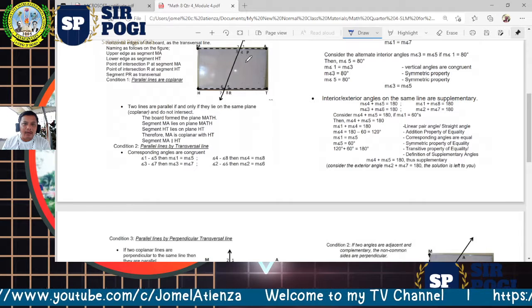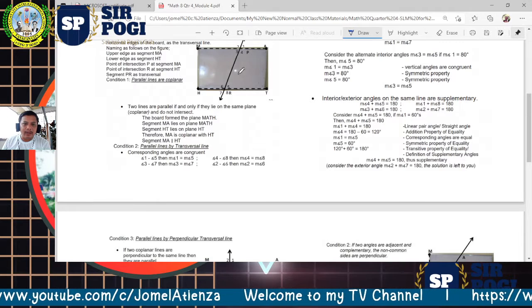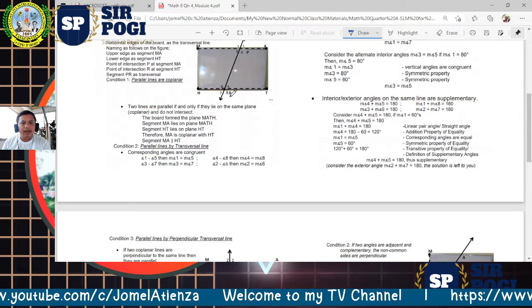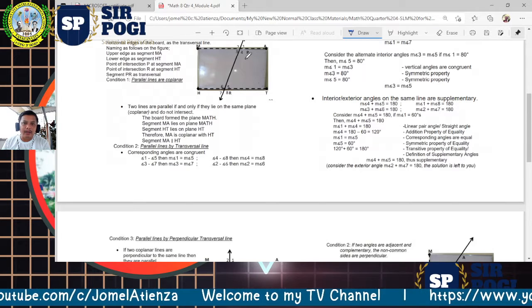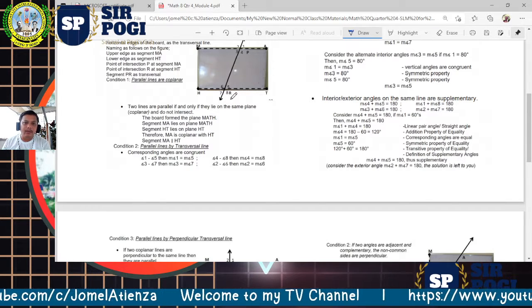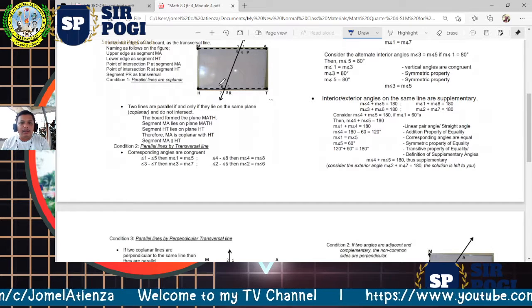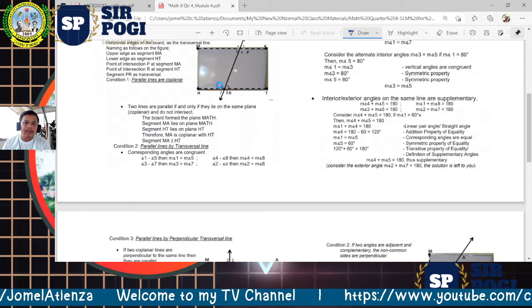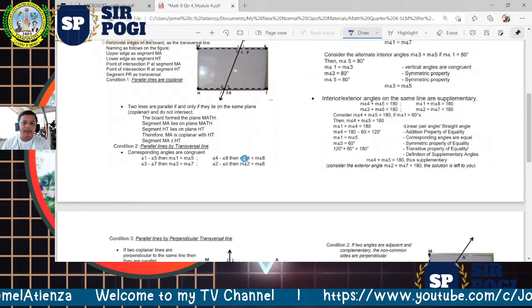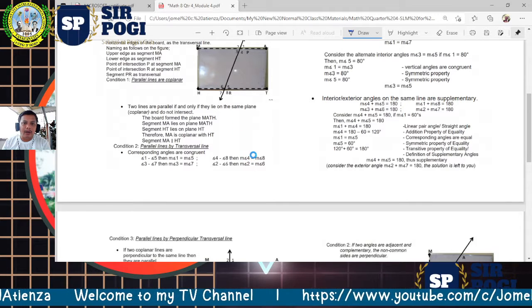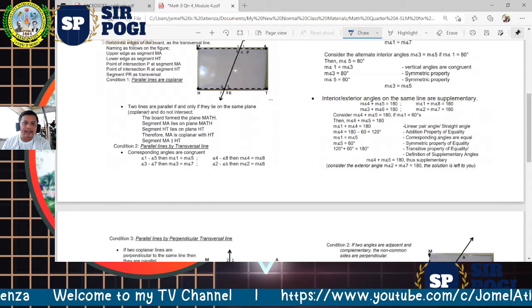Angle 4 is the corresponding angle of angle 8, so the measure of angle 4 is equal to the measure of angle 8. And angle 2 corresponds to angle 6, so the measure of angle 2 is equal to the measure of angle 6.